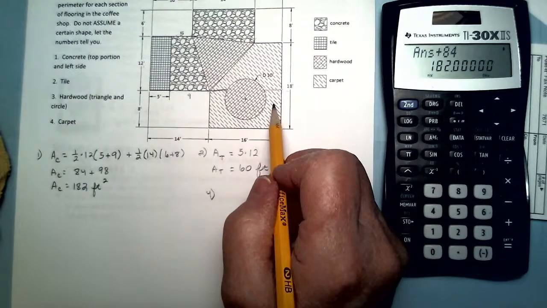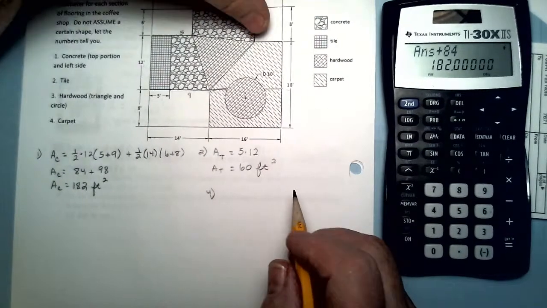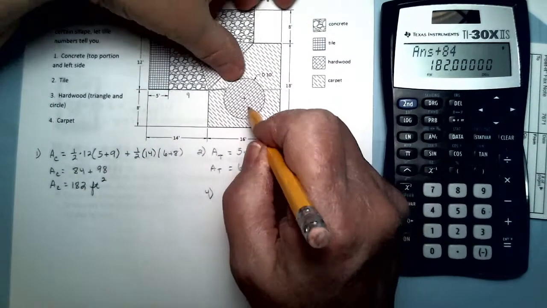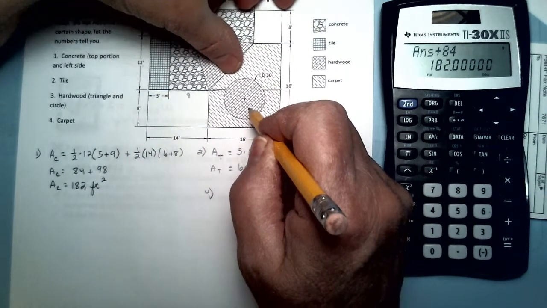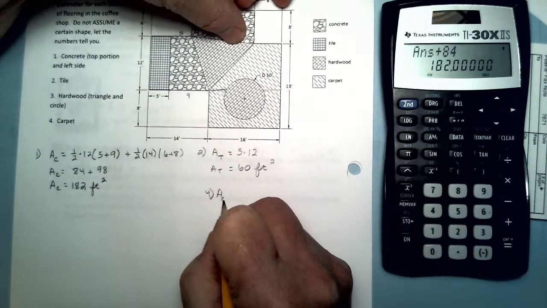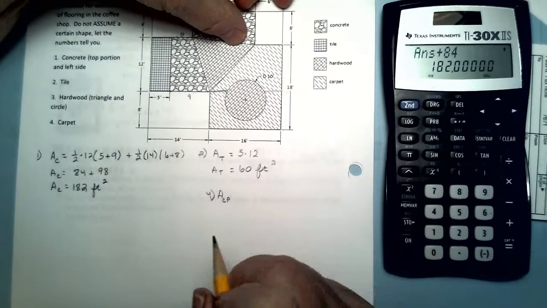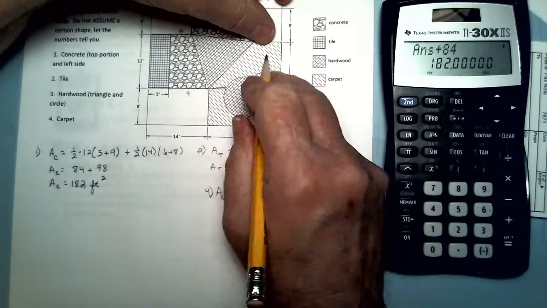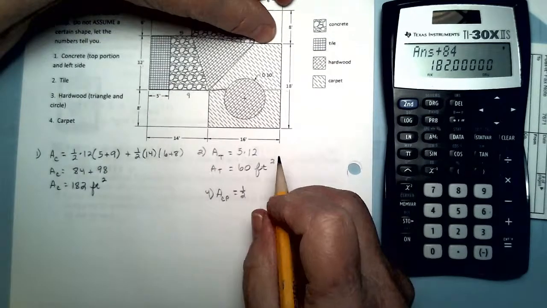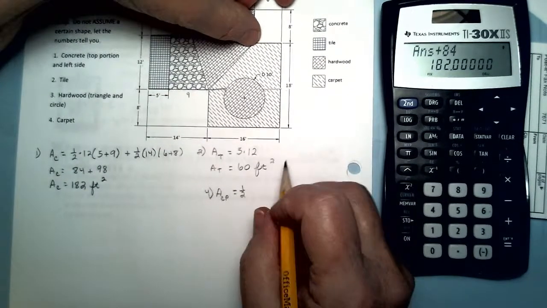Sorry, it's not a very perfect looking rectangle, but it'll work. I'm going to find the area of this, add it to the area of this, and back out the area of this circle. So that's my plan for the area of the carpet, and I'll use CP for carpet. The formula for a trapezoid is 1/2 of the height times the sum of the two bases.